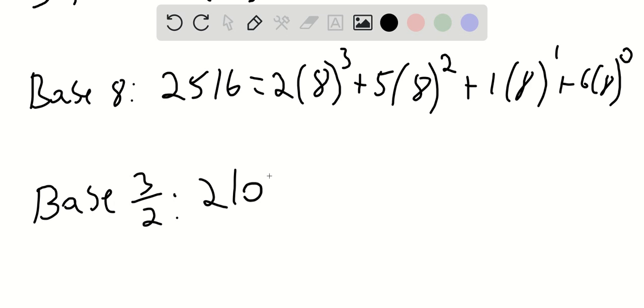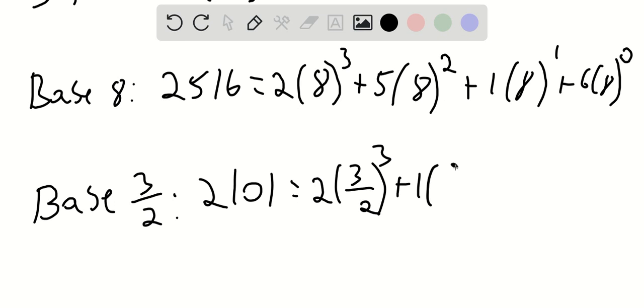So a base 3 halves example could be 2101. If this is a number in base 3 halves, then this should be equal to 2 times 3 halves to the third power, since we're 4 spots in. And then plus 1 times 3 halves squared. And then plus 0 times 3 halves, that's just plus 0.